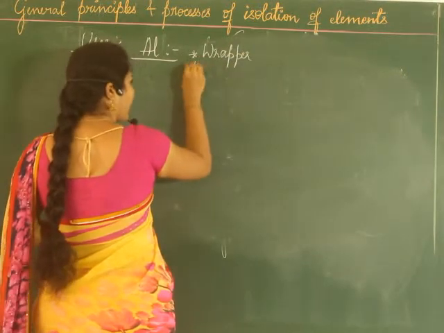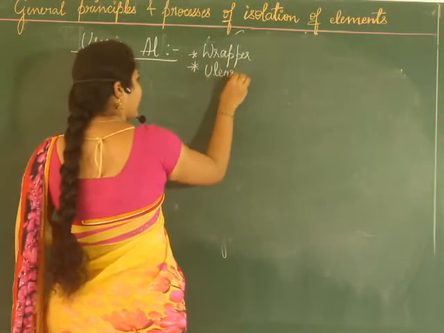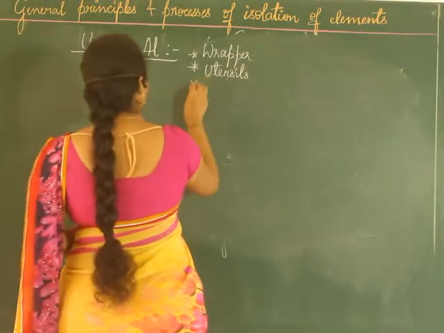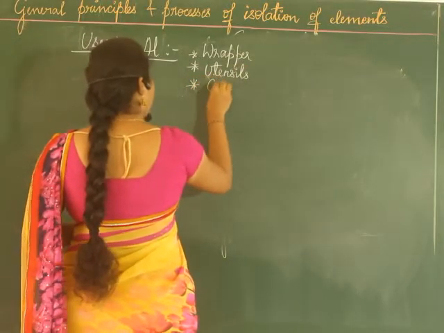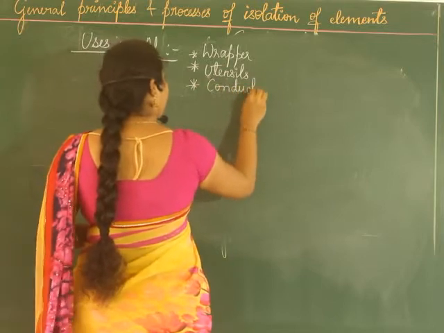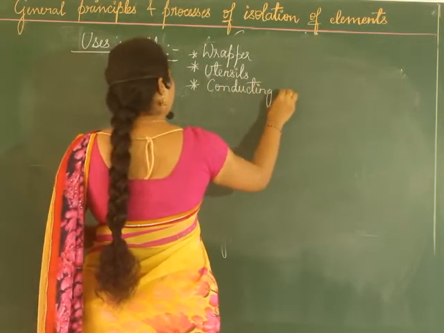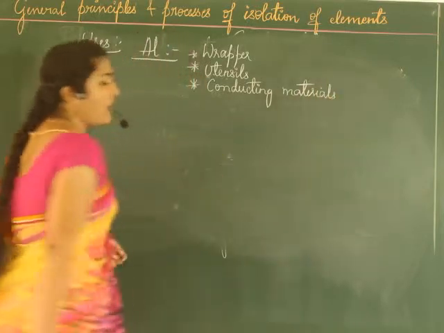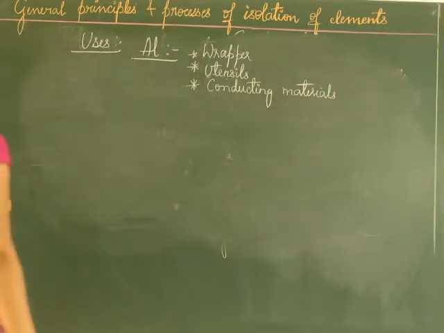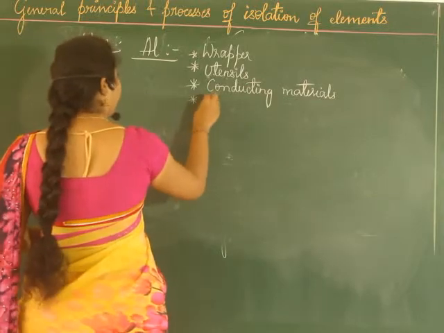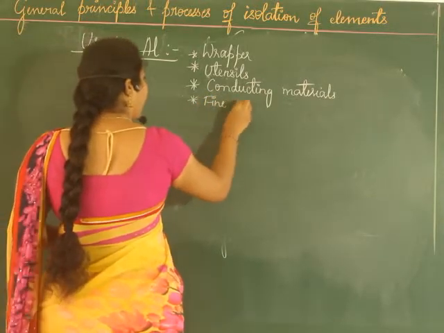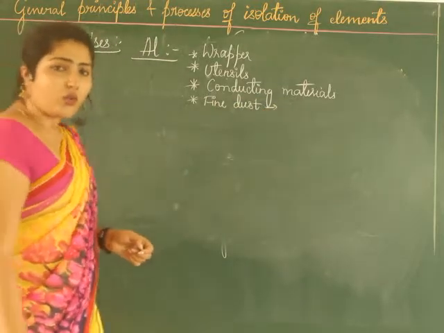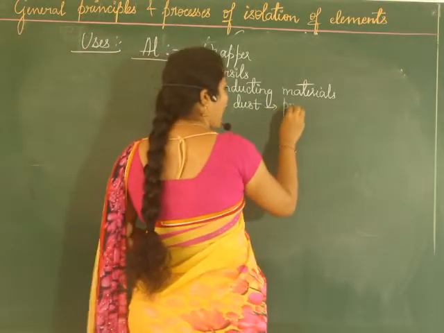Or in utensils, you can see vessels. Then where else can you see? It can be used for preparing some conducting materials. Sometimes the wires of it also can be made, and the fine dust of it, that is powdered aluminium, is also used in paints or lacquers.